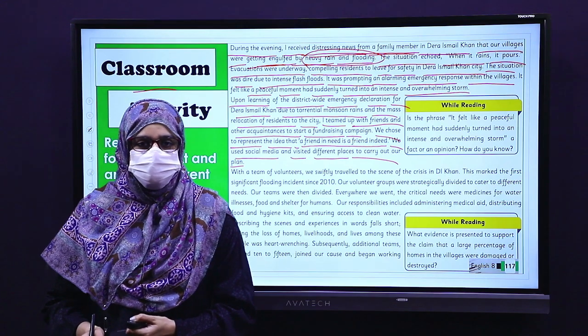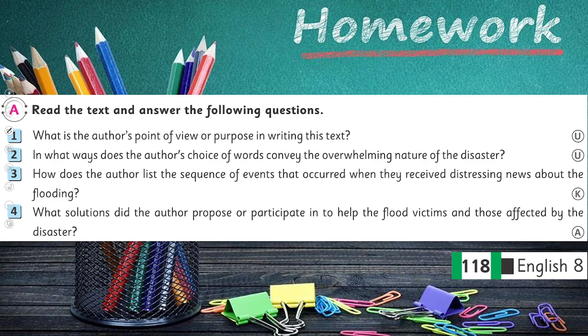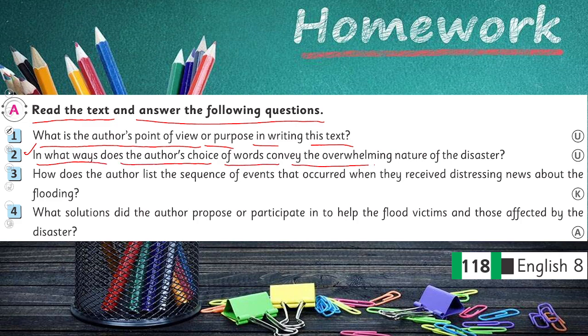That's right. Moving ahead. Here is your homework. Read the text and answer the following questions. What is the author's point of view or purpose in writing this text? Next question is, in what ways does the author's choice of words convey the overwhelming nature of the disaster?